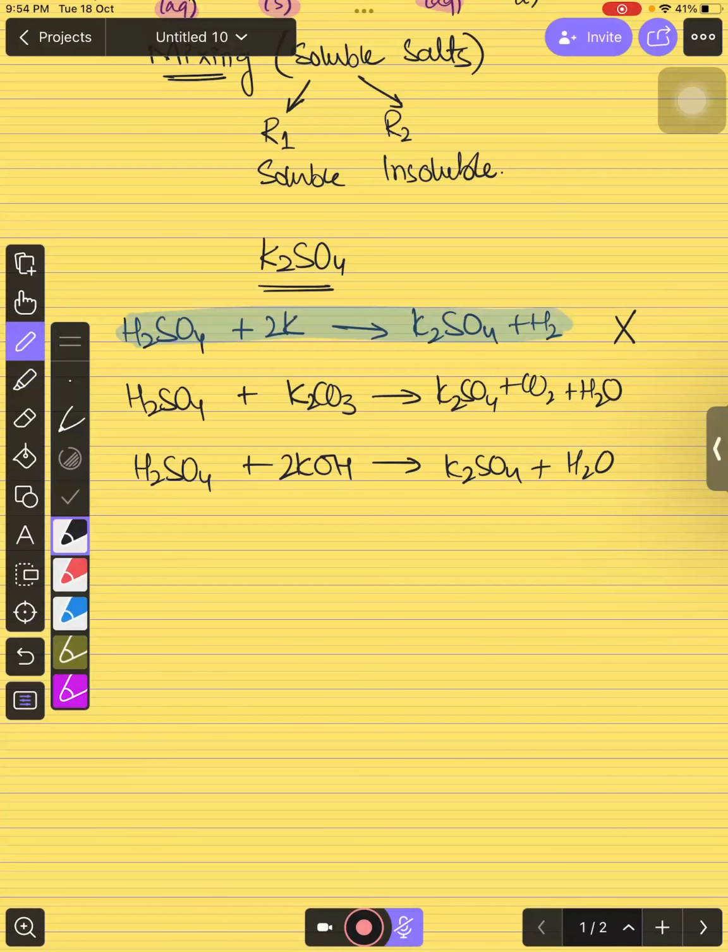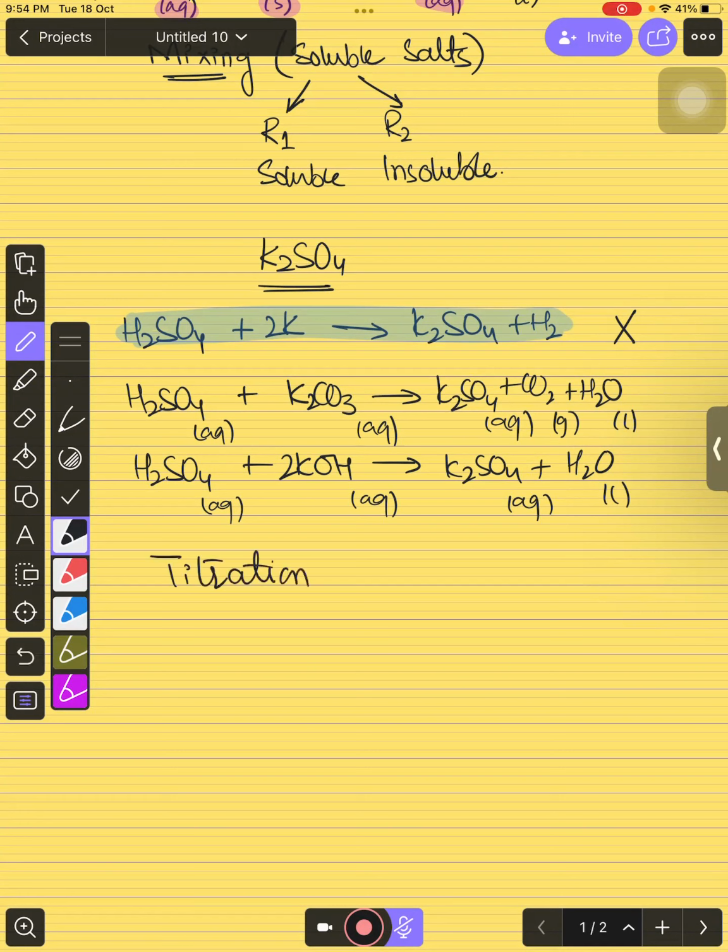So we know that all the salts of potassium are soluble. Aqueous, this is aqueous, this is liquid, this is gas, and this is liquid. So over here we need to use what? Titration method. So this is the difference between the two methods.